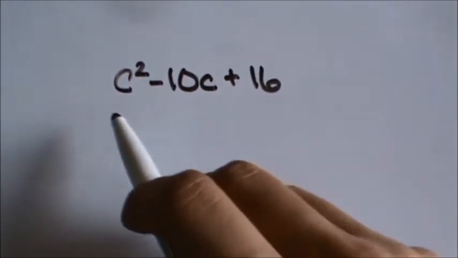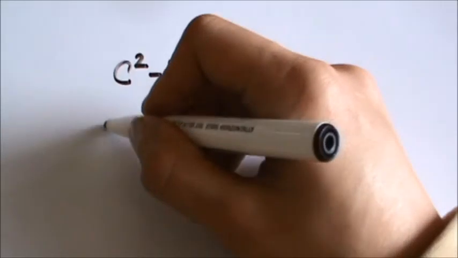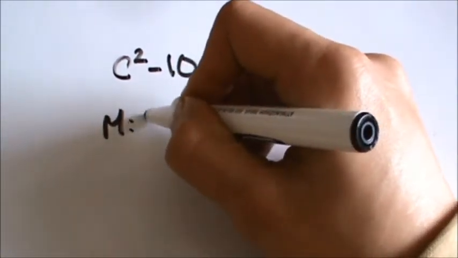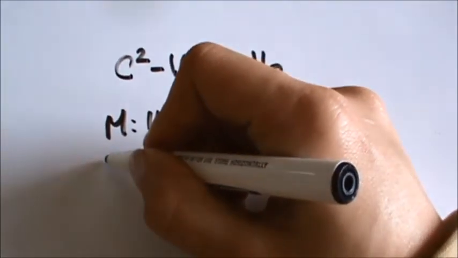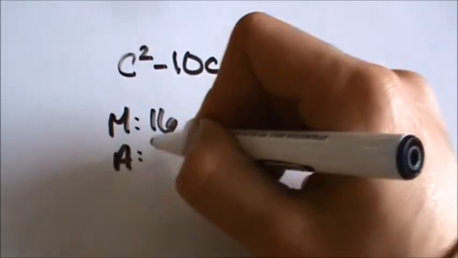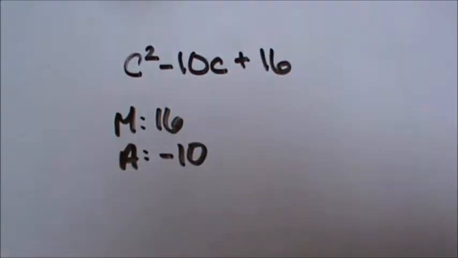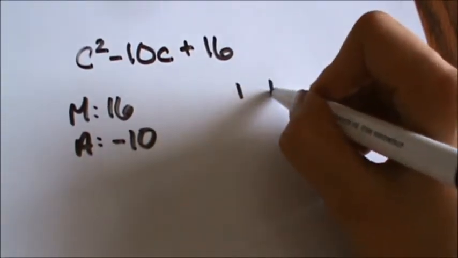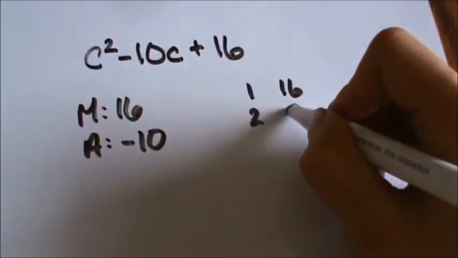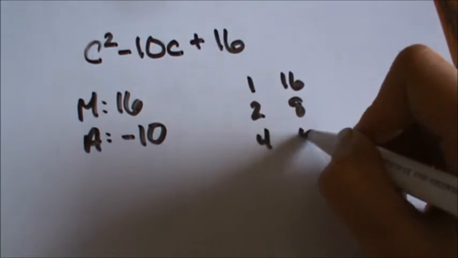Okay, let's try to factor this trinomial. The first thing I think about is what multiplies to be 16 and adds to be negative 10. And if I'm not sure right away, I make the list of all the pairs of factors of 16, it's those.